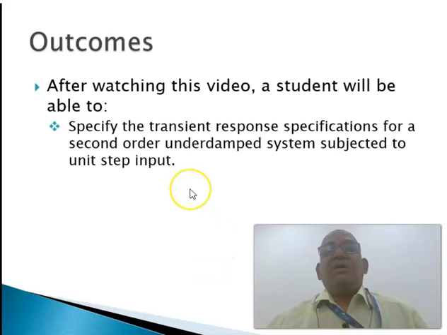We will continue that discussion in this video, and try to specify the transient response specifications of an underdamped second order system when it is subjected to unit step input.